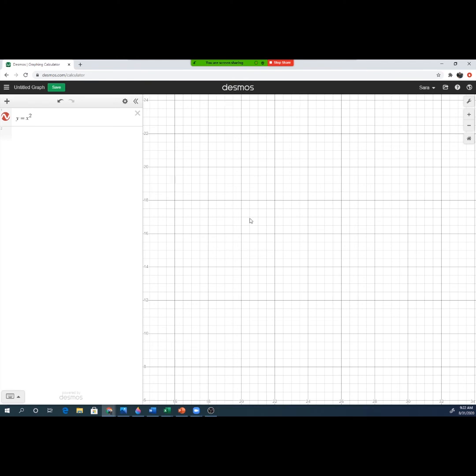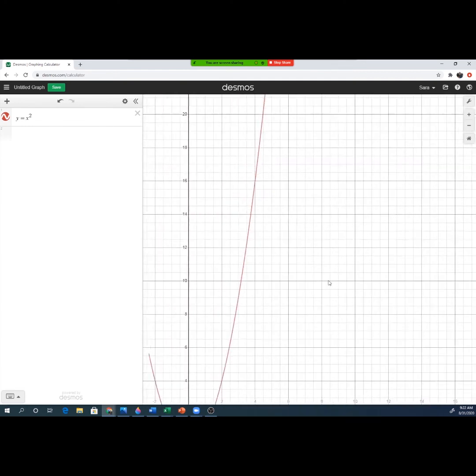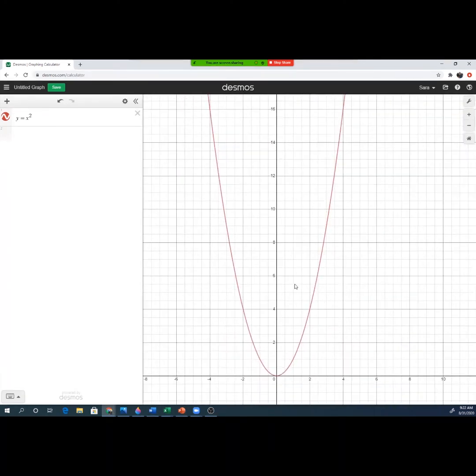The calculator would default to that window. And when you put in a new function, it just goes to where it was last. Now you guys are spoiled because you have Desmos, and Desmos, no matter how you graph it, it'll immediately pop up with a domain and range that might not be the one you want, but it still shows you where the graph is. It's a much better starting point.